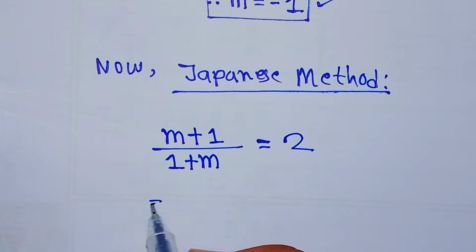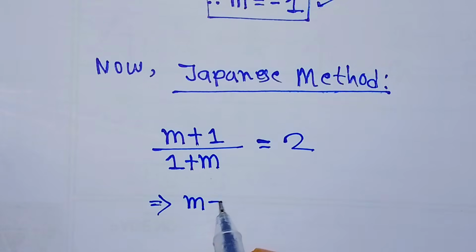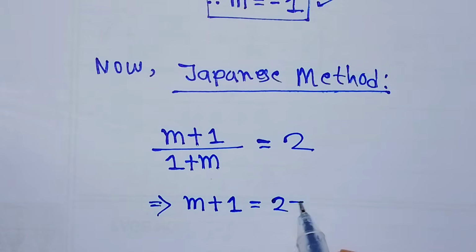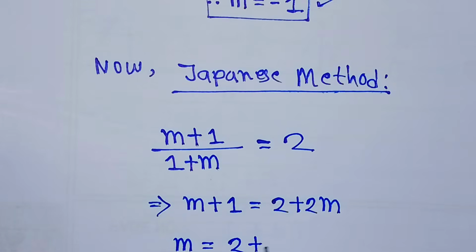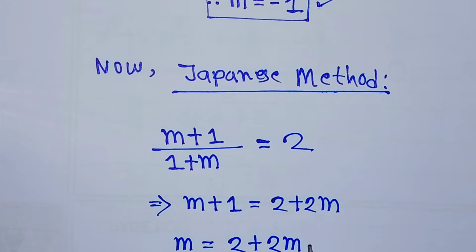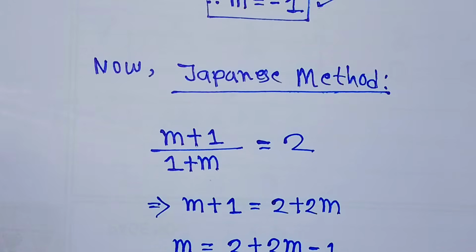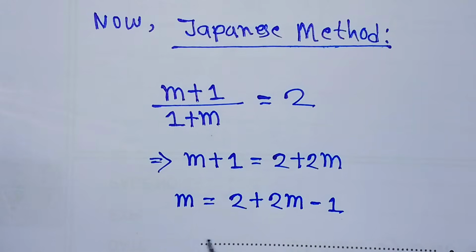So we can write here m + 1 is equal to 2 + 2m, and now just applying the mathematical elimination method, then we'll get m is equal to 2 + 2m - 1.